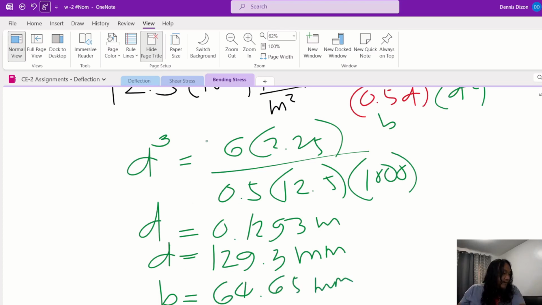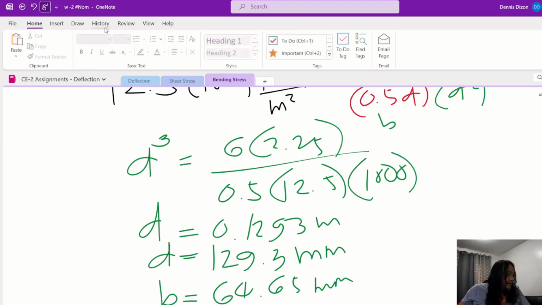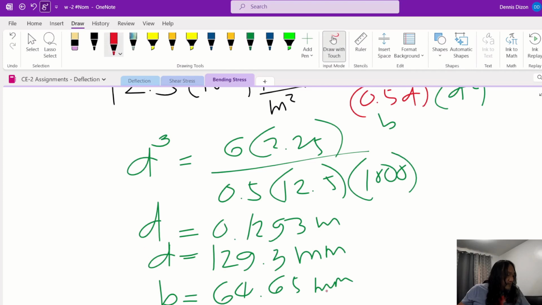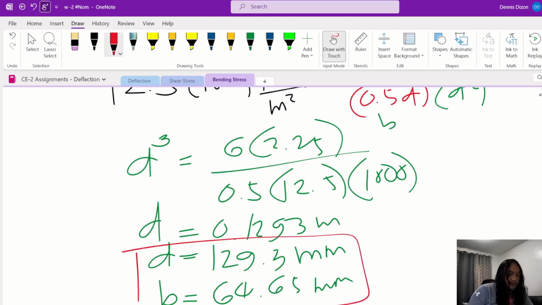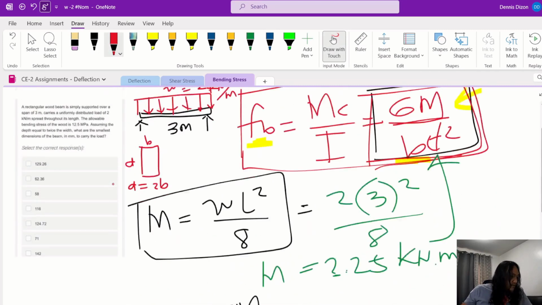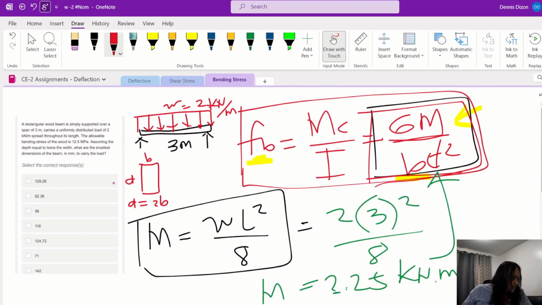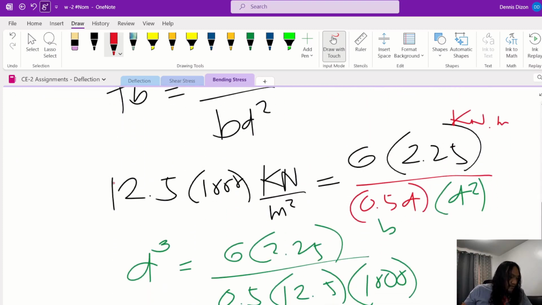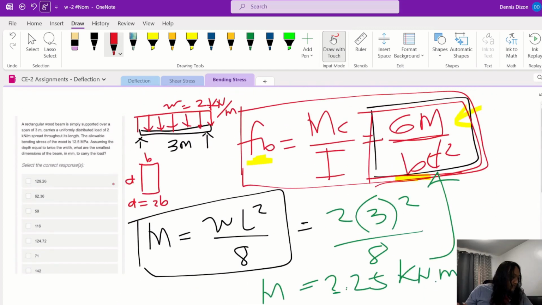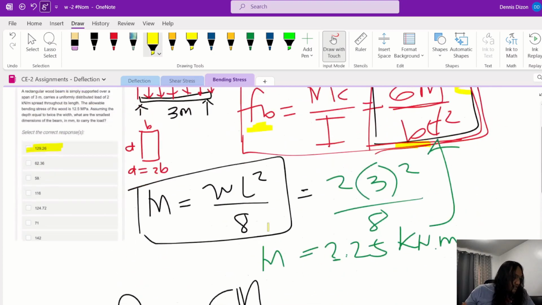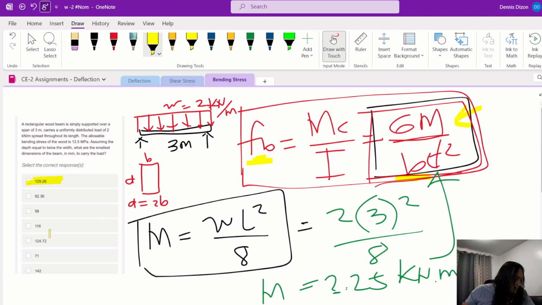So these are the minimum dimensions required. Let's check the choices. 129.3, so this is our d, and half of that would be 64.65. So it's not in here.